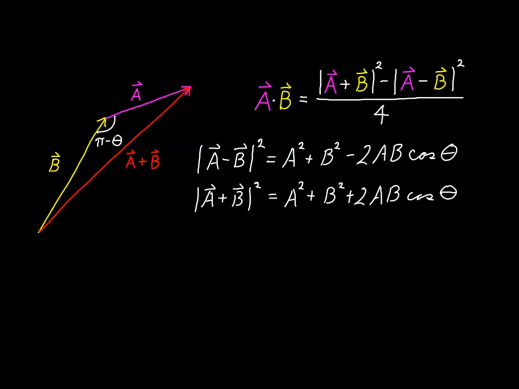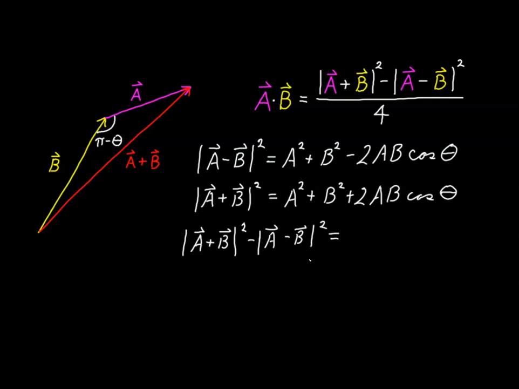Next, we're going to subtract the first equation from the second. So we start with the magnitude of a plus b squared, we're going to subtract this term, so it's minus the magnitude of a minus b squared.